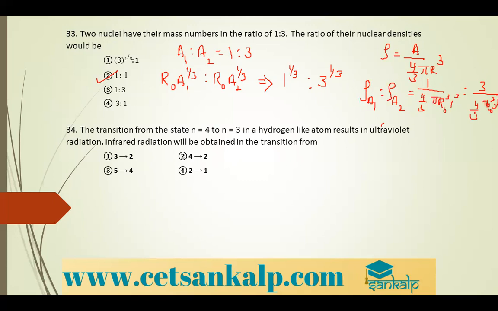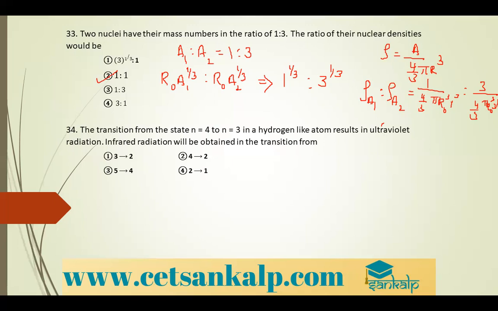The transition from the state n equal to 4 to n equal to 3 in a hydrogen-like atom results in UV radiation. So infrared radiation will be obtained in the transition from... It is given that the transition from n equal to 4 to n equal to 3 results in UV radiation, so going from higher to lower gives UV radiation.